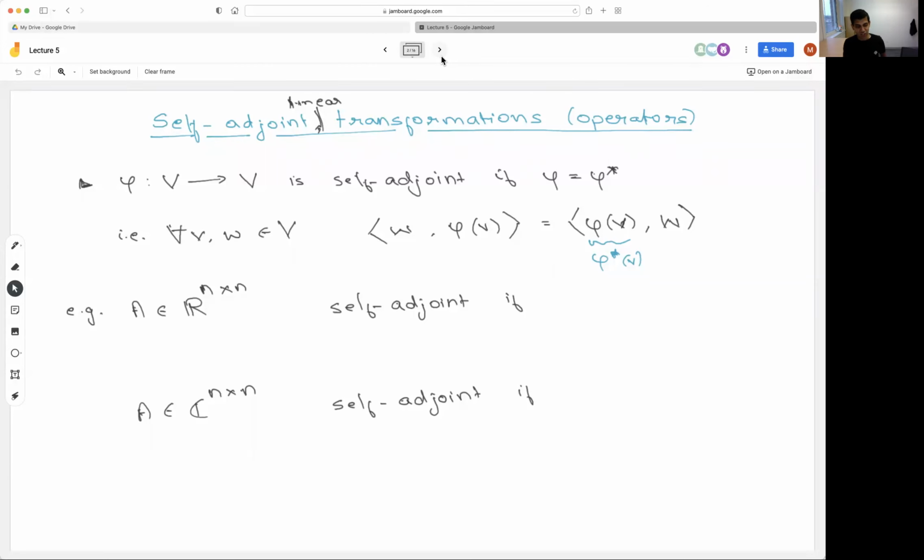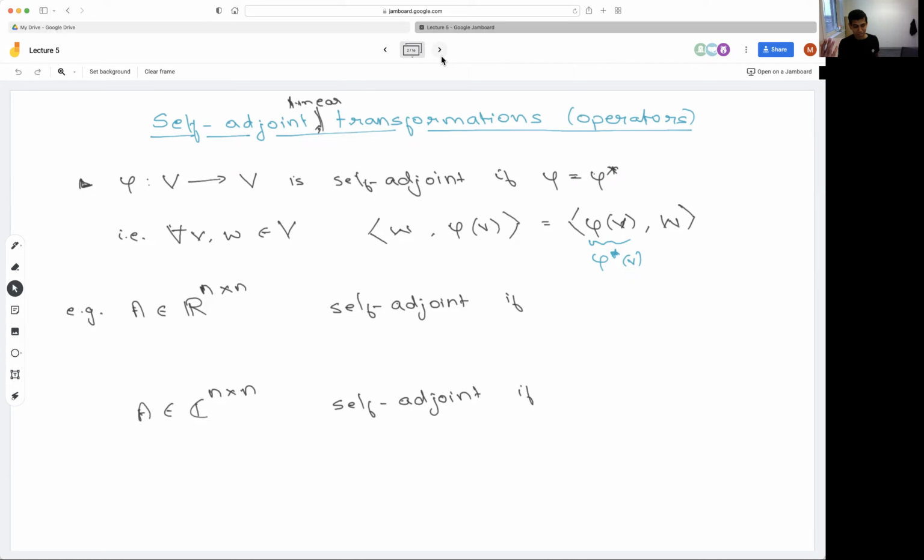Just a quick check. For matrices, we understand what the adjoint is. Now, if you are thinking of a matrix as a linear transformation from a vector space to itself, then it's a square matrix: the number of rows and number of columns is equal. And now, a quick sanity check.